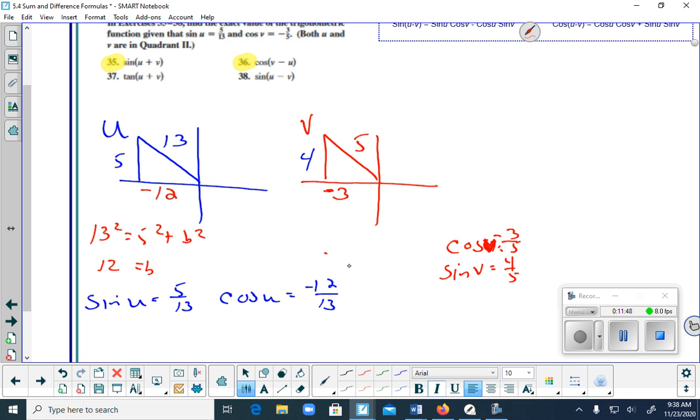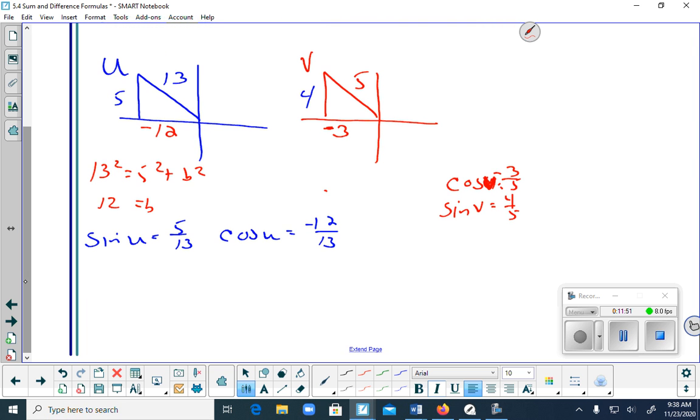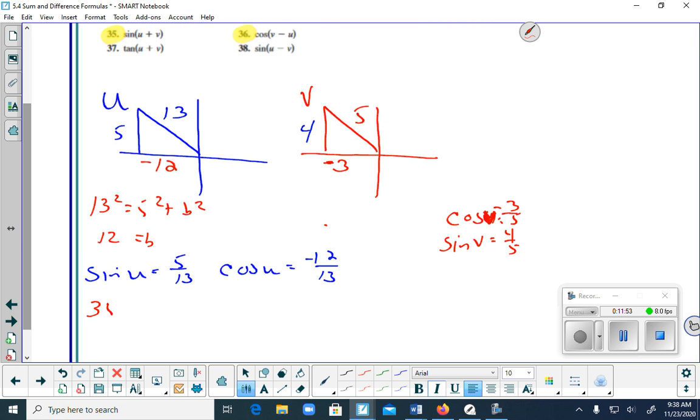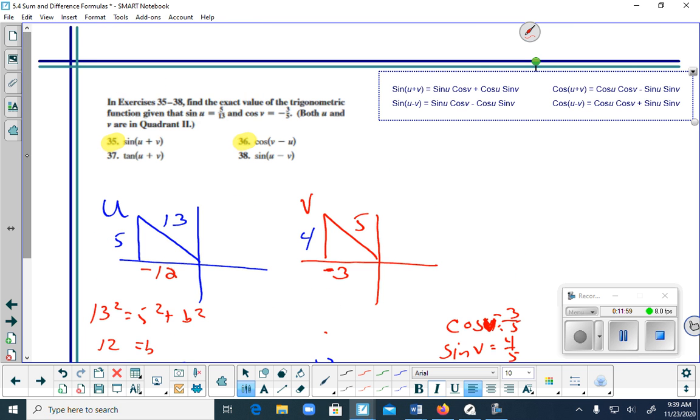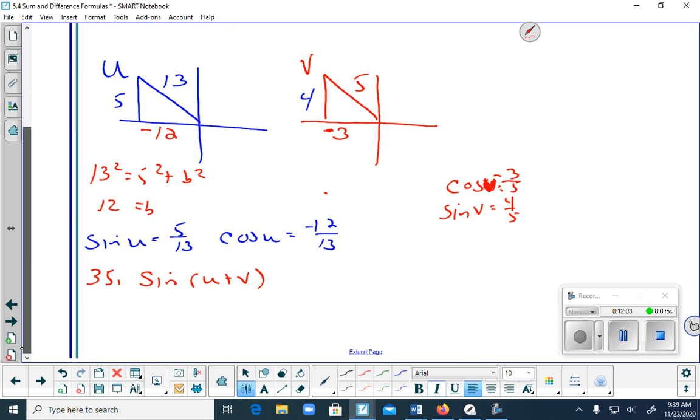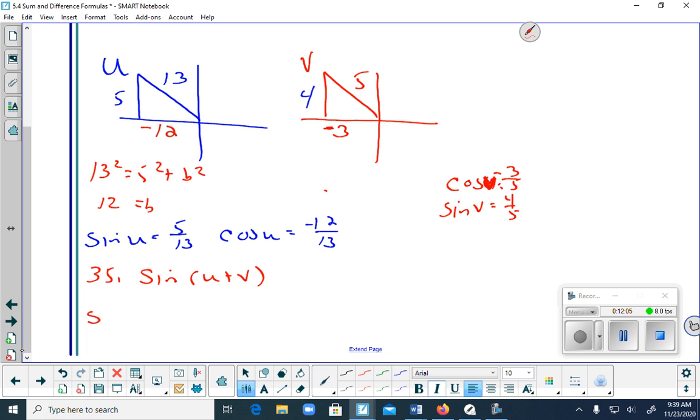And now for 35, they want the sine of u plus v. So we're going to use the sum formula, this formula right here, and plug those in. It says the sine of u times the cosine of v plus the cosine of u times the sine of v.